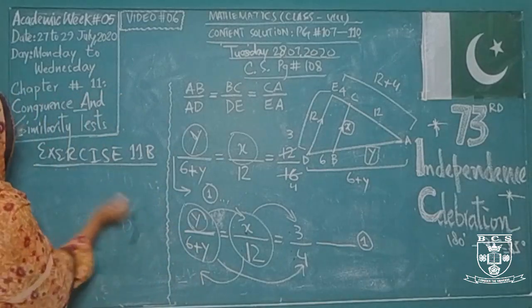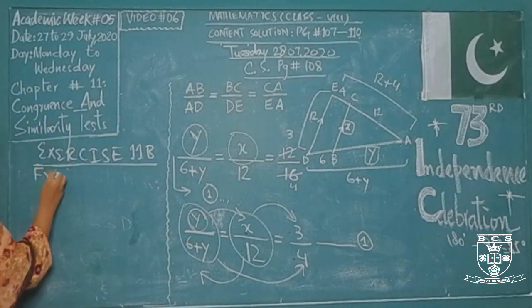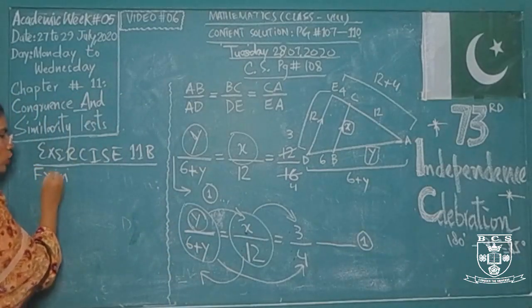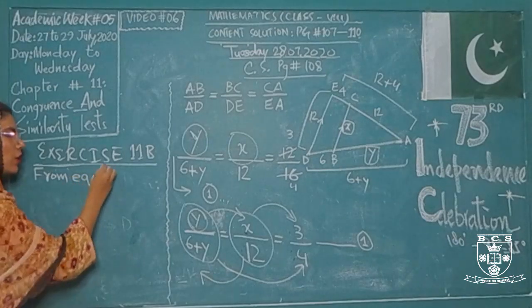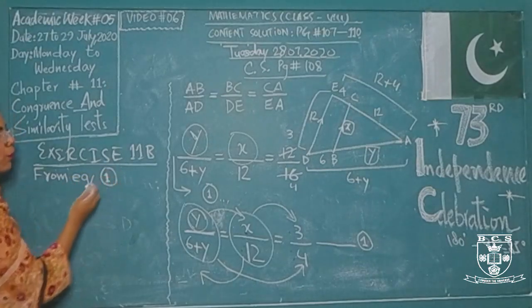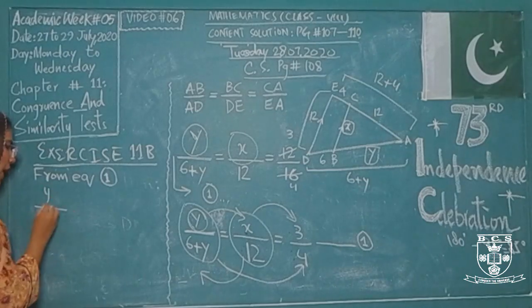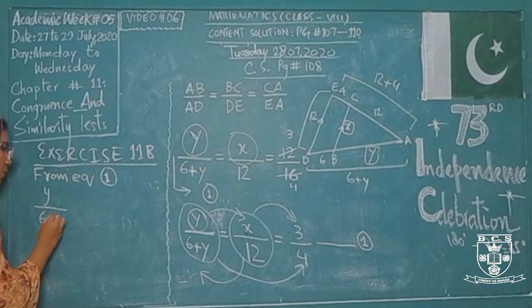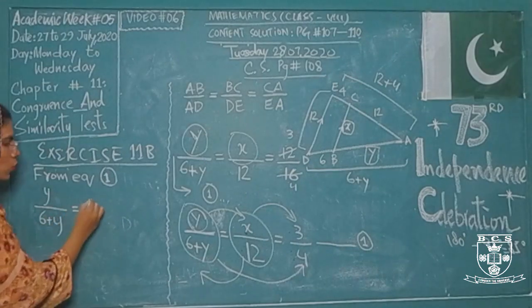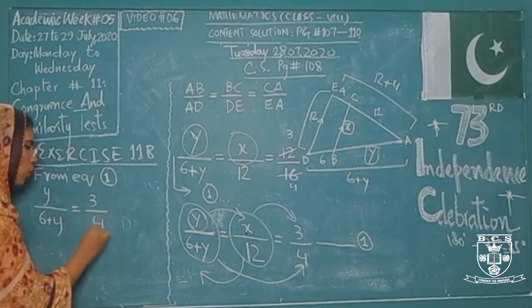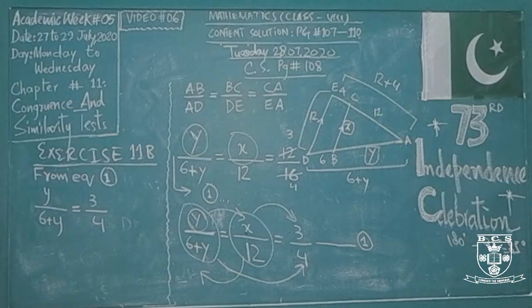So first of all, I will mention here from equation 1. Now the step that we are going to mention, we are taking with the help of equation number 1. With the help of equation number 1, we have concluded that y over 6 plus y is equal to 3 over 4. Now what can we do?